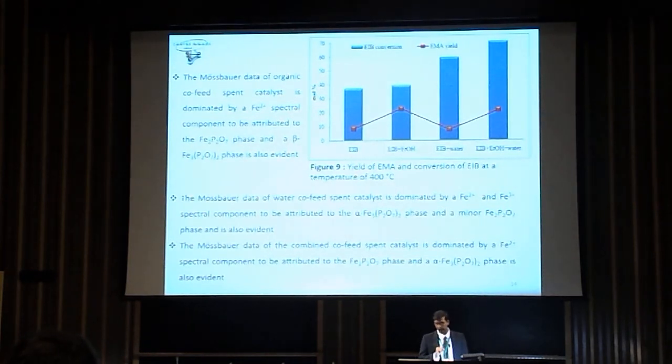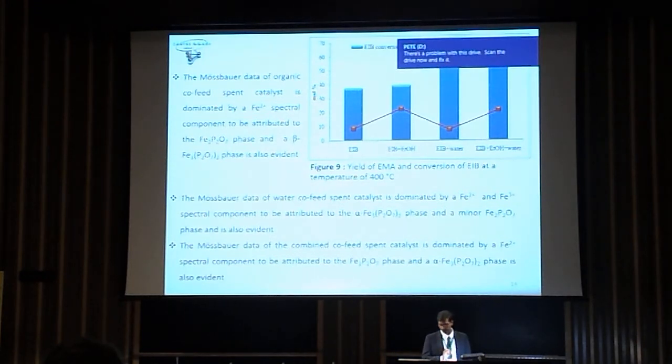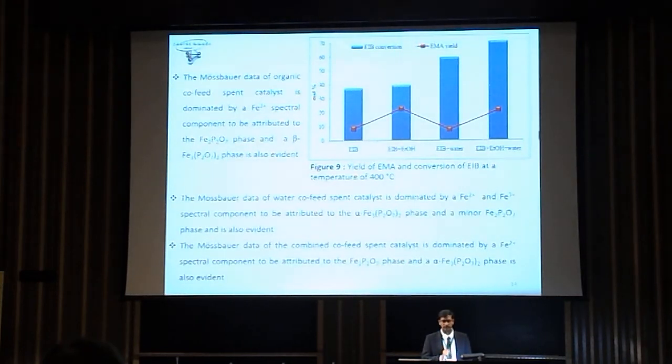The conversion of EID is very much increased, that is due to the presence of the alpha phase in the catalyst, which is dominated by the Fe3+ phase, and the synergetic effect between the alpha phase and the iron pyrophosphate phase. And the Mossbauer data of the combined co-feed spent catalyst showed there is an Fe2+ spectral component and Fe2P2O7 is also there.